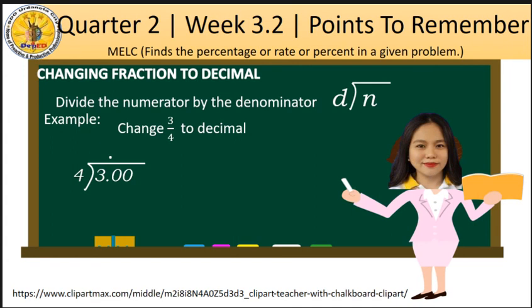So we have 30 divided by 4, and that is 7. 7 times 4 is equal to 28. 30 minus 28 is equal to 2. Bring 0 down.